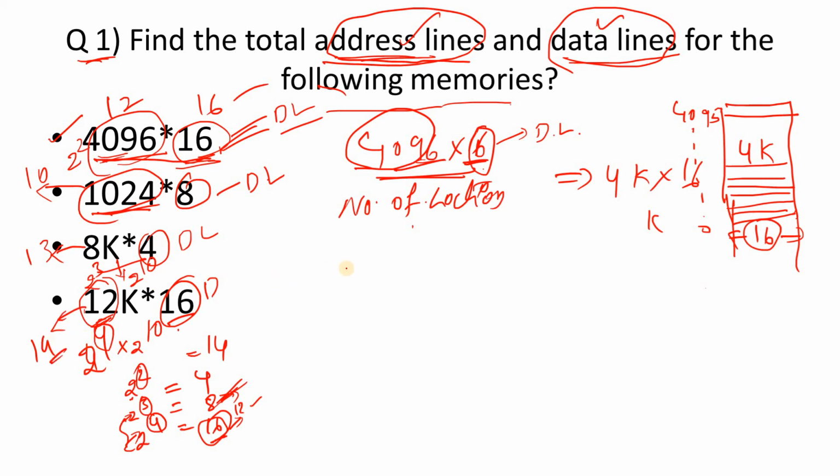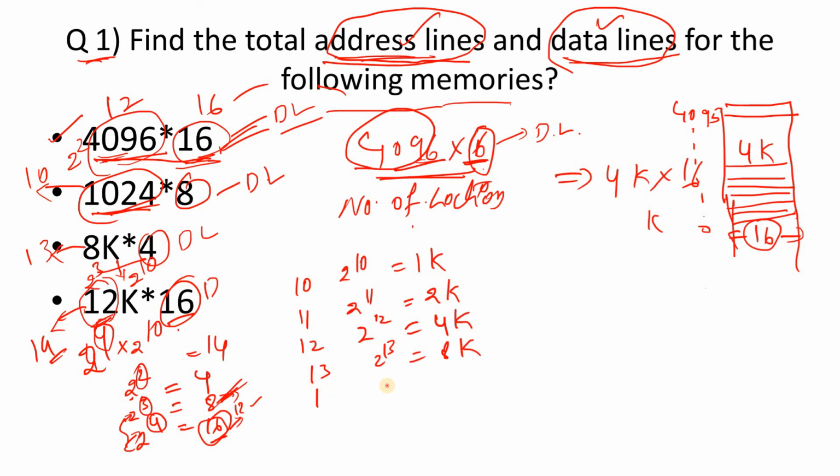Once again checking this: 10 address lines, 2 power 10, equal to 1k of memory. 11 address lines, 2 power 11, means 2k memory addresses can be accessed. 12 address lines, 2 power 12, equal to 4k memory. 13 address lines, 2 power 13, equal to 8k memory. 14 address lines, 2 power 14, that is 16k. So if it is 8k, directly you can say 13 address lines.